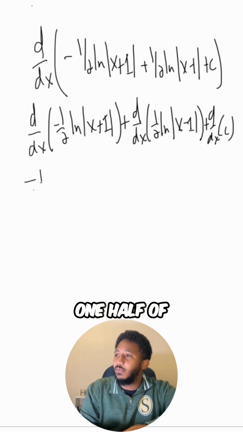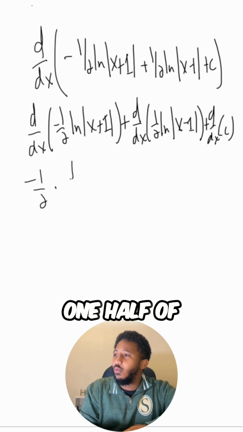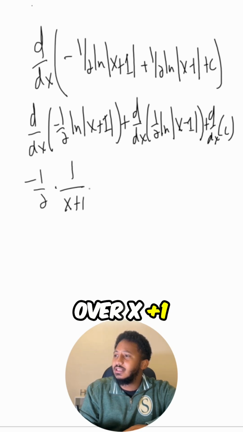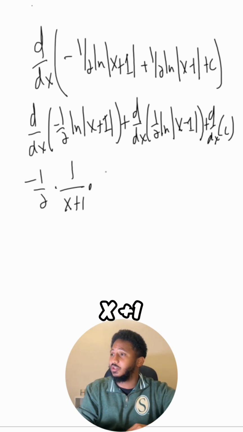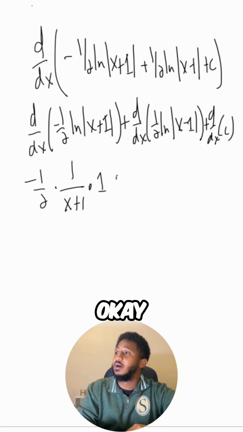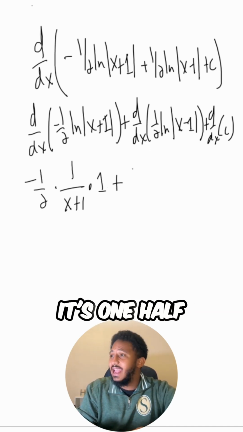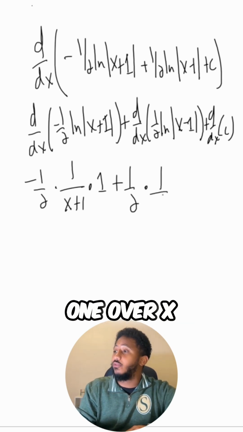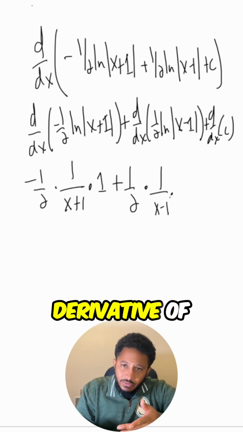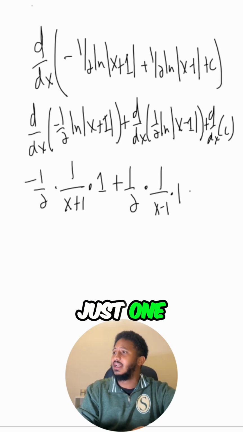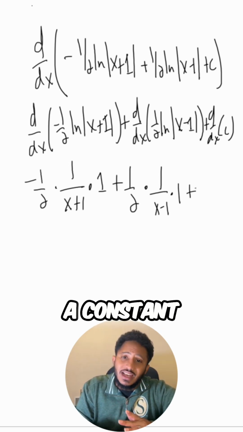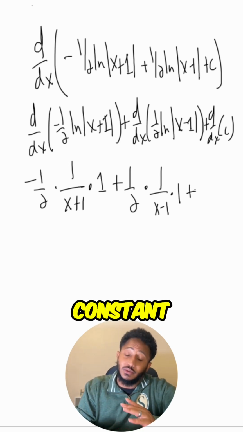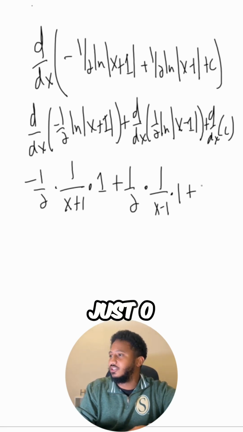So we get negative 1/2 of 1 over x plus 1 times the derivative of x plus 1, which is just 1. Plus, same thing here: it's 1/2, the derivative of ln of x minus 1 is 1 over x minus 1 times the derivative of x minus 1, which is just 1. And the derivative with respect to x of a constant is just 0.